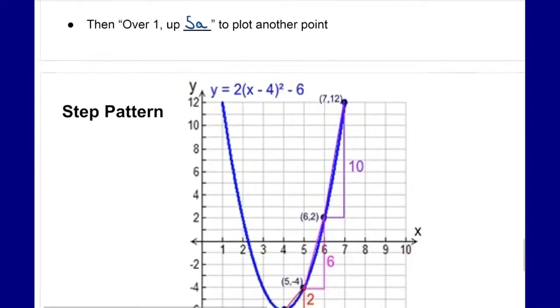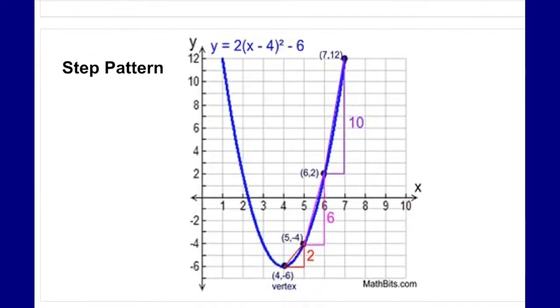Here we can see a more visual version of this step pattern. We have our vertex at the bottom, (4, -6). We have our step pattern from the equation, or this a value. If we write it as a(x - h)² + k, that's our general form, and we can see the a value is 2.